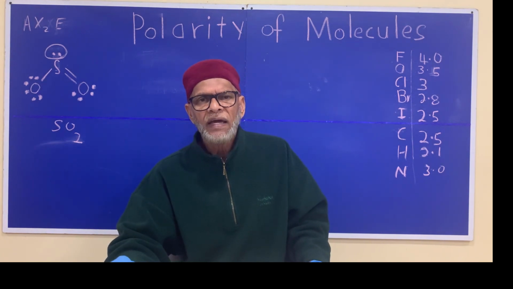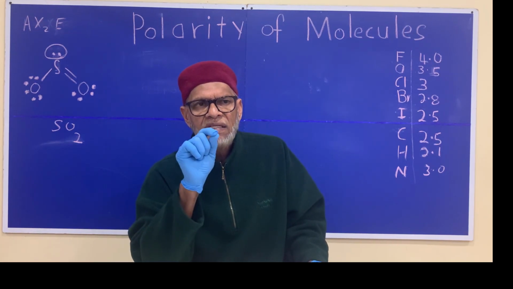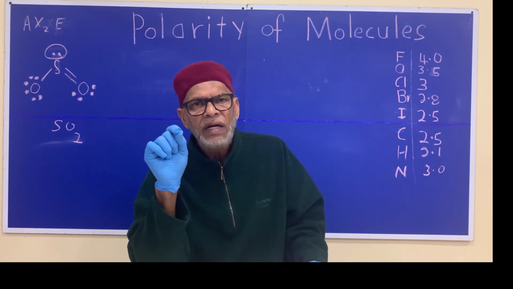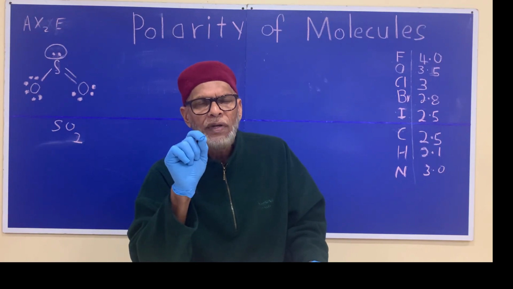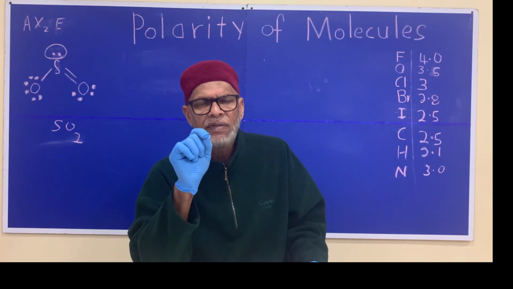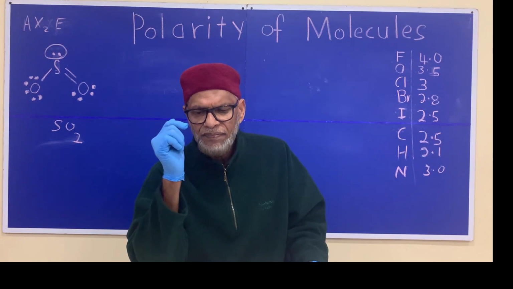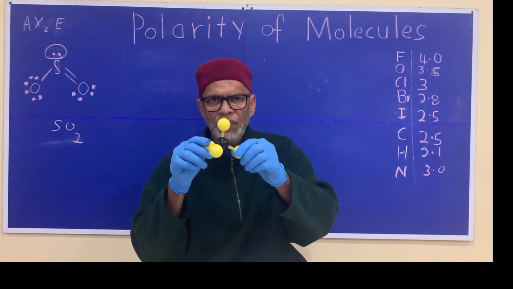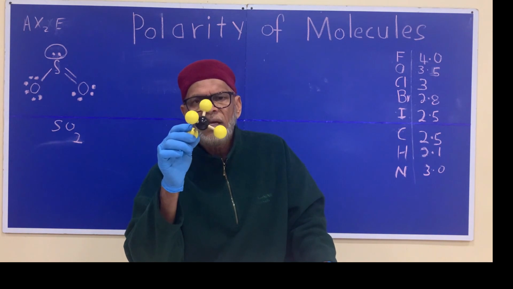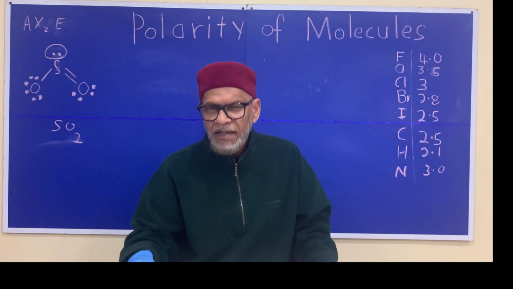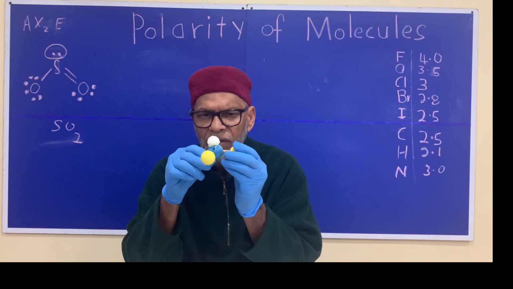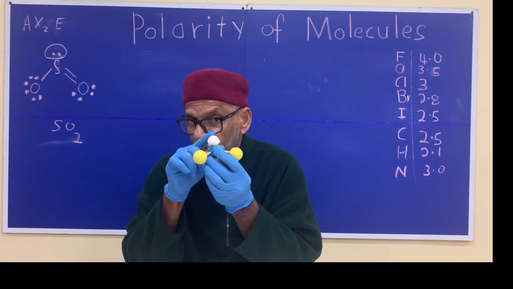Also, a point of emphasis in ascribing what AX type of molecule we have: only the lone pairs on the central atom are shown. For example, in this case here, you have the methane molecule, right? Here there is no lone pair. But in this case of ammonia, there is a lone pair here.